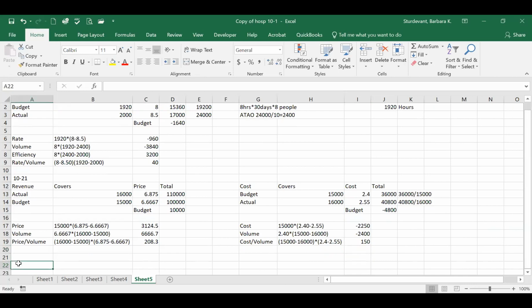Okay, then I said, let's do number 9 just to practice an operations budget, just to refresh. And so number 9 was the Waverly Motor Motel.